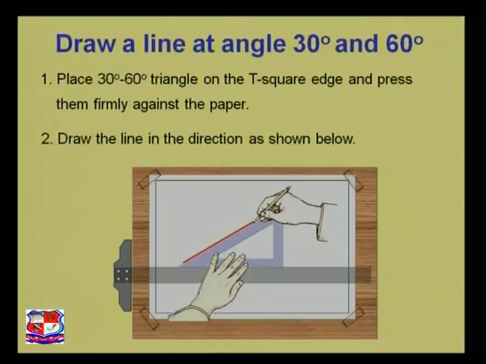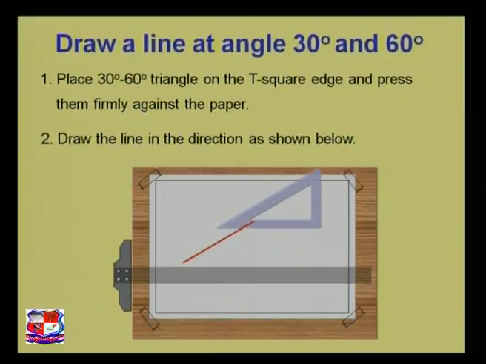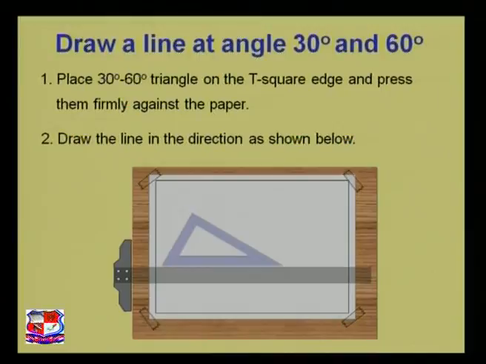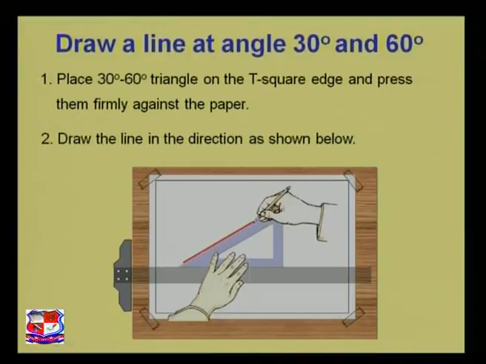Now what if we want to draw a 60-degree line? Like this. Don't understand? See again. If we want to draw a 30-degree line, we put up our set square exactly on the edge which coincides with the 30-degree angle.